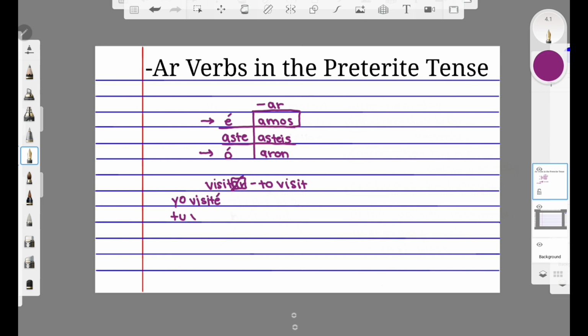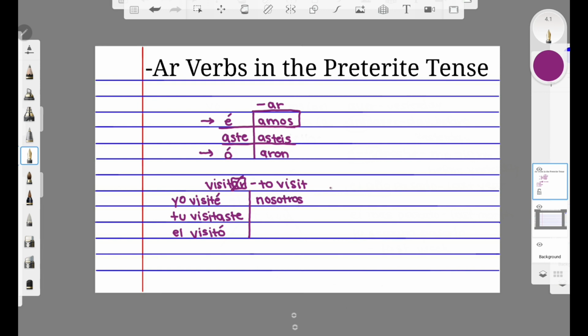Tú visitaste. Ella, usted visitó. Now see the difference in my voice. Él visitó, yo visito. Accents are very important in Spanish, so make sure to keep that in mind, especially now that we're expanding our tenses.